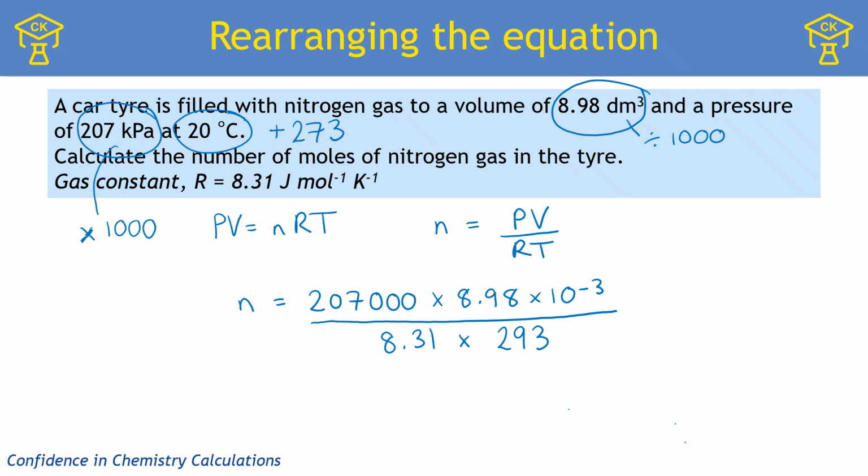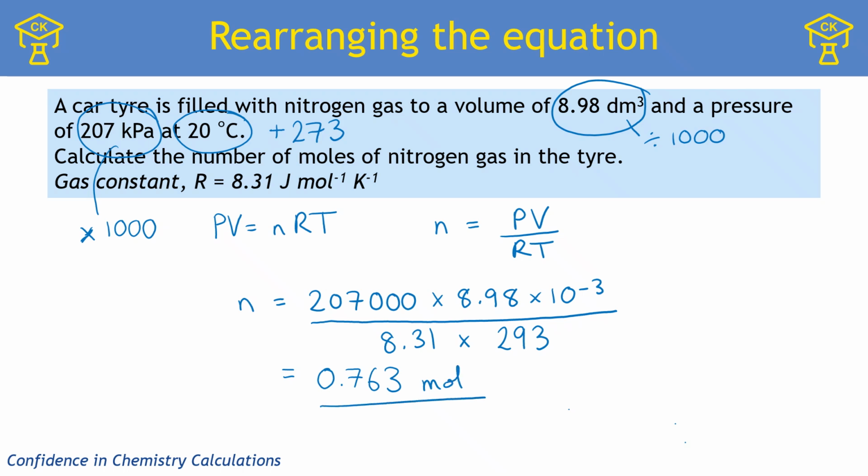Most graphical calculators or normal scientific calculators will allow you to put it in the form we've shown there, with the line dividing the top and the bottom half of the equation. That's a good way to do it so you can see what you're doing. Alternatively, just put the top half in brackets, press divide and put the bottom half in brackets. We get an answer of 0.763 moles, and that's my final answer.